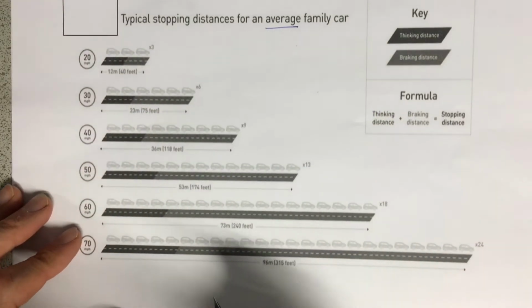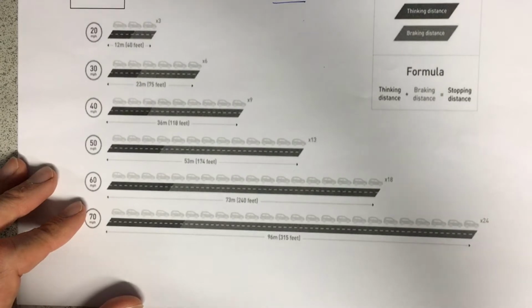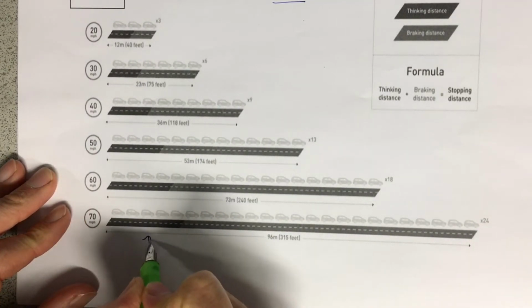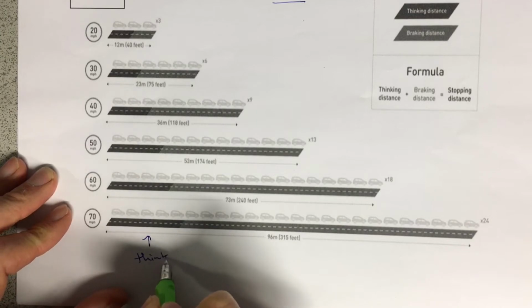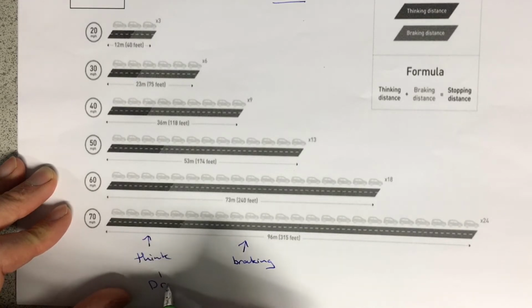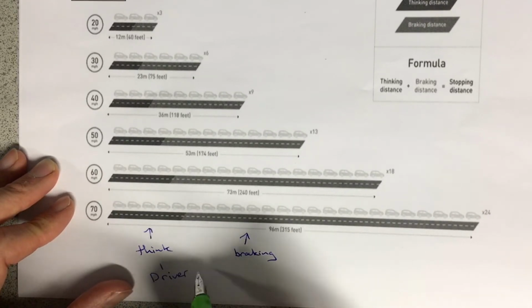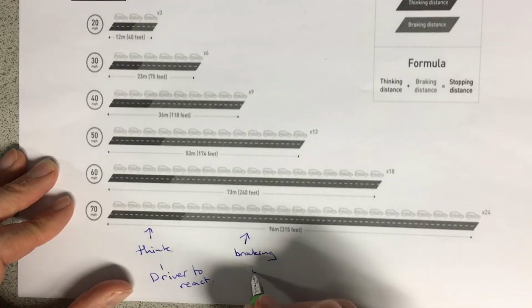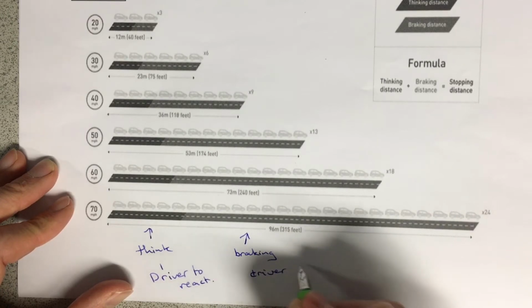So I'll draw it a little bit further down here where it's a little bit larger. So we've got the thinking distance, and here we've got the braking distance. The thinking distance is the time it takes for the driver to react, and the braking distance is the time it takes for the driver to stop the car.